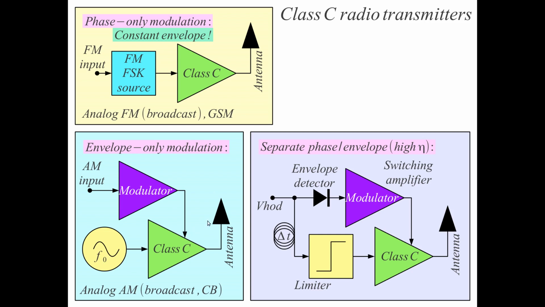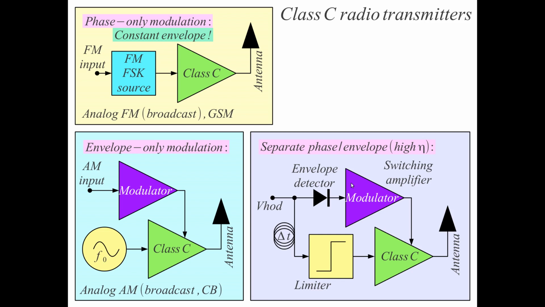The trick here is that at low frequencies we can afford switching amplifiers, amplifiers that are designed as switching power supplies, operating at much higher frequencies than the signal to be amplified. So if this is audio frequency, so 10 kilohertz, we may operate the switching amplifier at 100 kilohertz or even 1 megahertz.